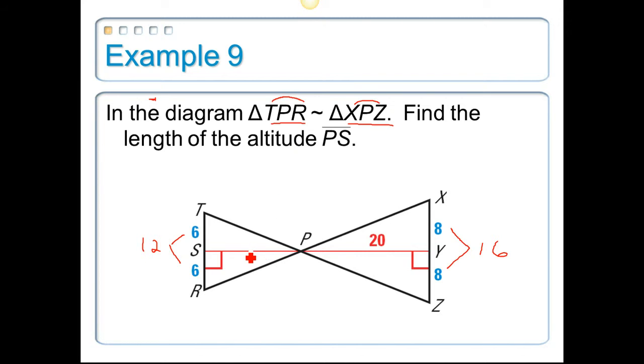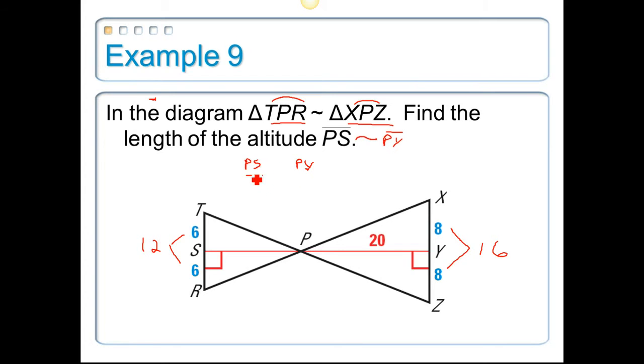So the altitudes have to be similar as well. So that means PS is going to go with PY. Okay? So let's do that right now. We know that PS has to go with PY.